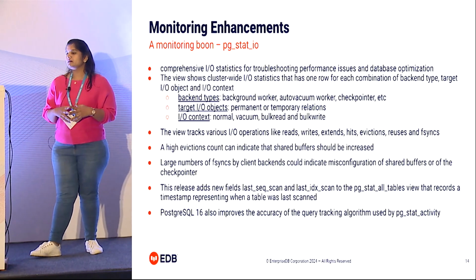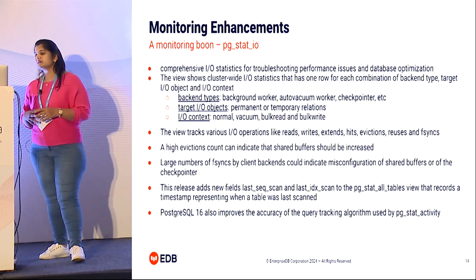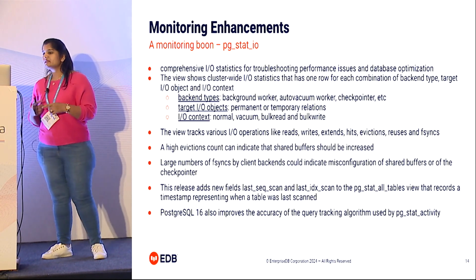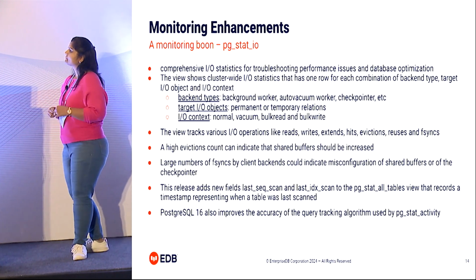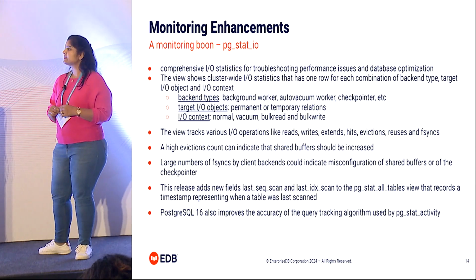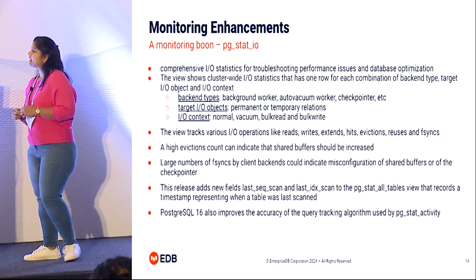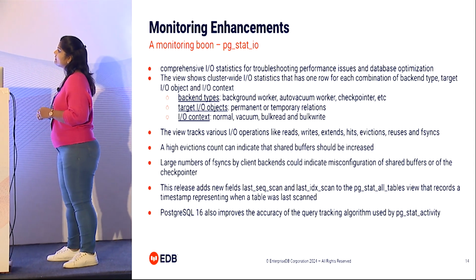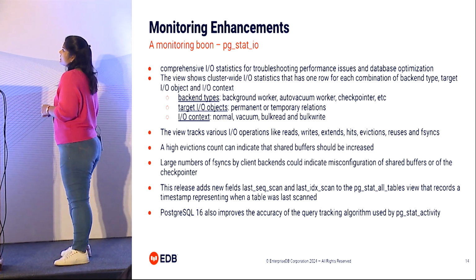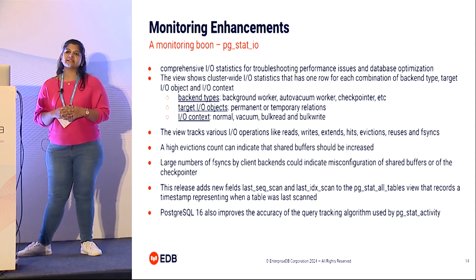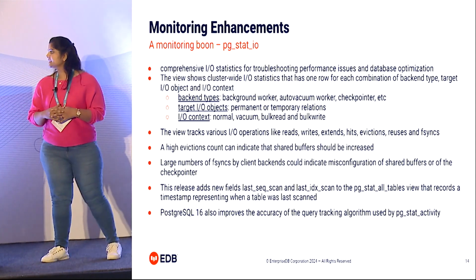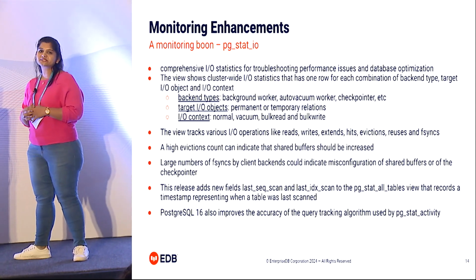For backend type, the possible names are background worker, autovacuum worker, checkpointer, and so on. Target IO objects are temporary and permanent relations, and IO context would be normal, vacuum, bulk read, and bulk write. pg_stat_io gives information about a lot of IO operations like reads, writes, evictions, hits, fsyncs, reuse, extends, and so on.